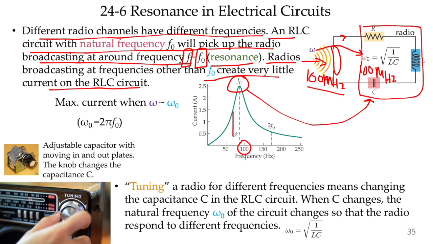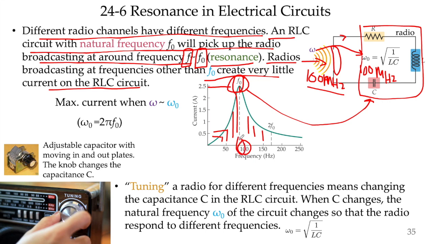The other frequencies that are coming to your antenna or your circuit also create some current. See, it's not 0. But the frequency that's exactly at this 100, or maybe 90 in this case, creates the most current. And because the current created by this frequency is maximum, you will listen to this radio station.